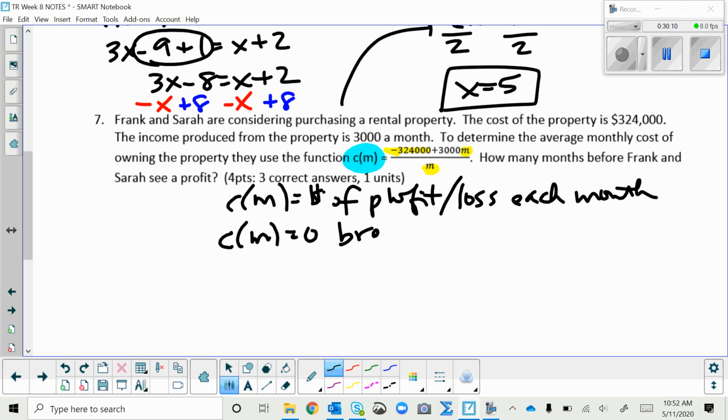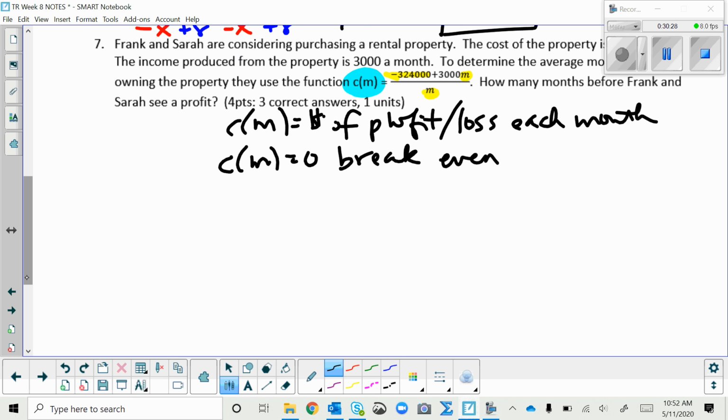That means it took that many months just to pay off the $324,000. Anything after that is a profit, right? So what we are going to do is plug in 0 for CM to figure out how long it's going to take to just break even.